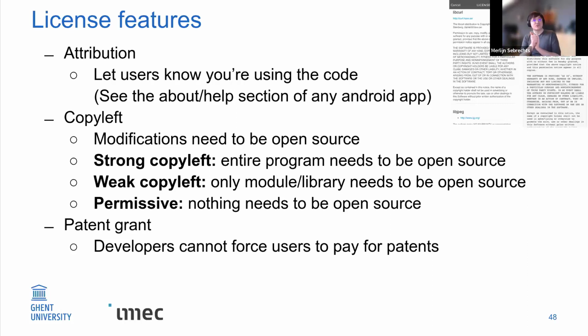Then the final feature of an open source license is a patent grant. A patent grant is basically the creators of the open source software telling you that if you use that open source software, you automatically do not need to pay for any patents that the creator of the open source software has. For example, you have certain video decoding programs that are open source and that are being developed by the company that sells patent licenses also.